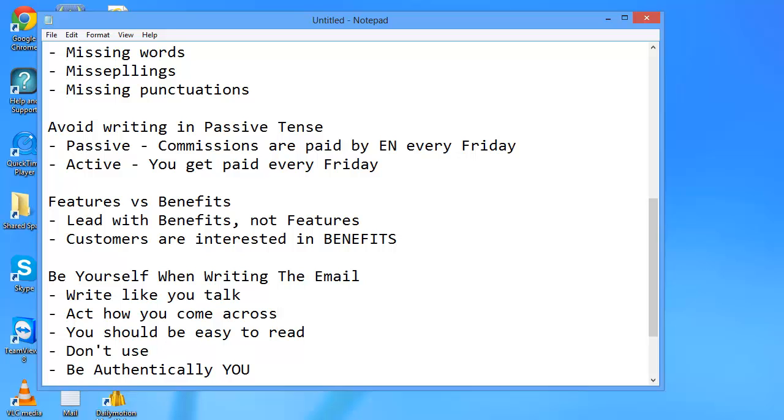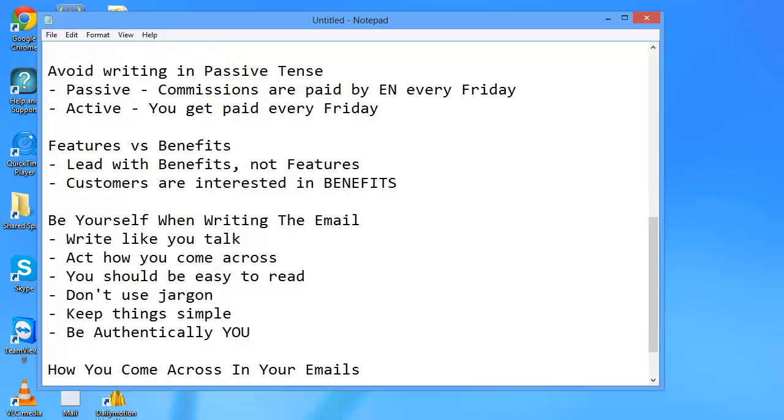One thing I would like to add is, do not use jargon and keep things simple, right? These are the things that will basically make your emails very interesting. So these are the things that I wanted to teach you today.